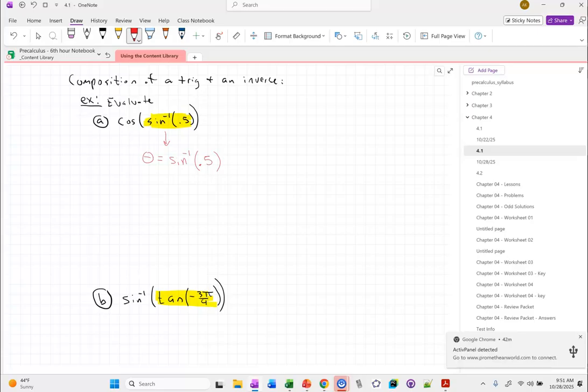Everybody's okay? Now I remember that the fundamental range for sine inverse is from negative pi over 2 to positive pi over 2. So I'm going to use that now to find this angle.